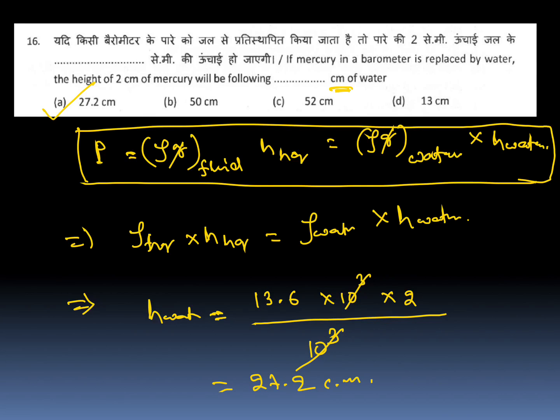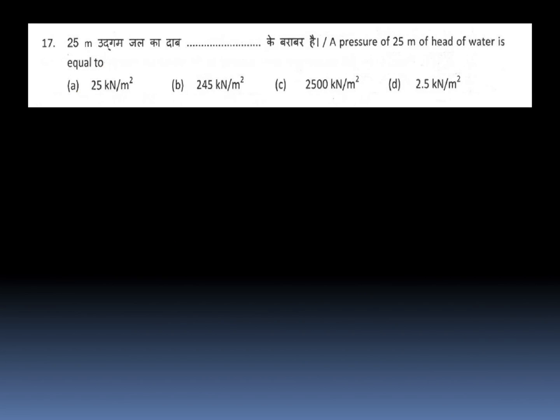This question is also based on the same formula as discussed in the previous question. A pressure of 25 meter head of water is equal to how much? We know the same formula, P equal to rho GH. Here H is in water head, it's given, rho G of water. Pressure value we have to calculate. Water it's 1000, it's in kilonewton, so then 9.81, you take it 10.